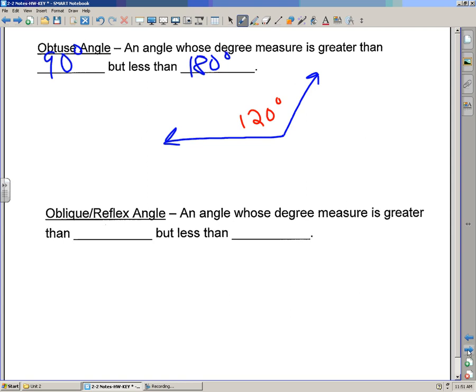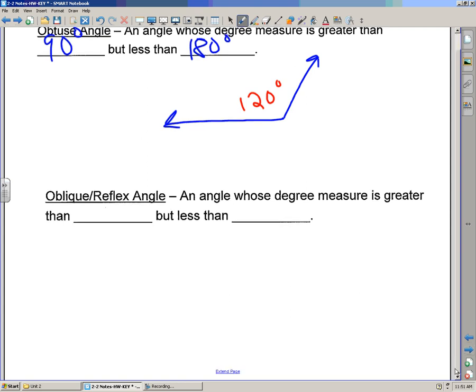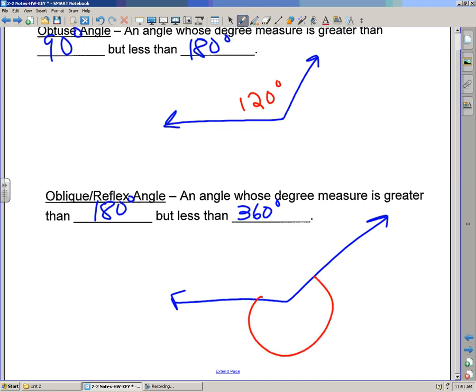The next angle is the oblique or the reflex angle. And in this case, we're talking about an angle whose degree measure is greater than 180, but less than 360. So in terms of an oblique angle, I'm just going to draw an obtuse angle, but then I'm going to actually show you where the oblique angle would be.